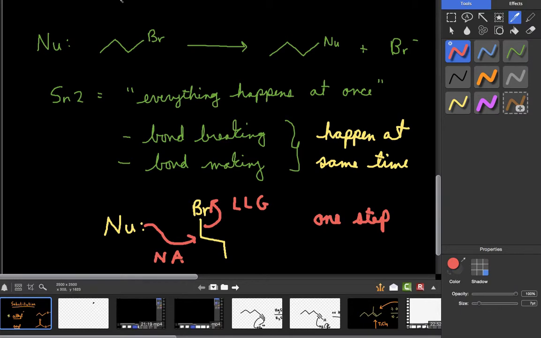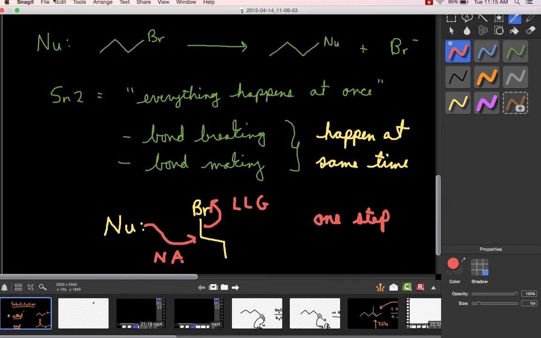So let's take a closer look at the kinetics. Let's actually see why this is called SN2.